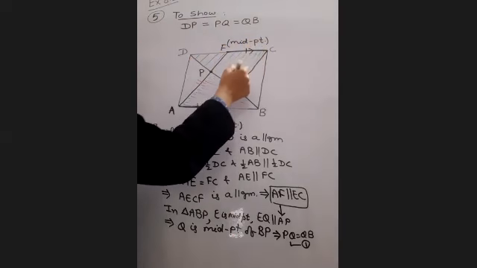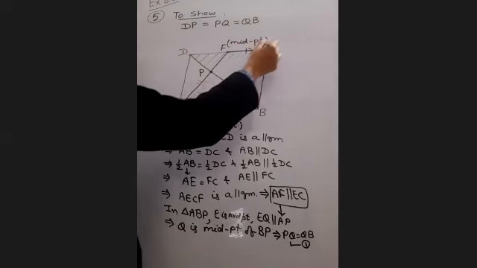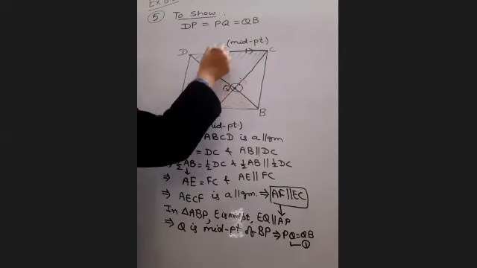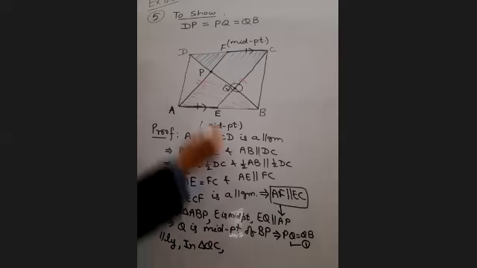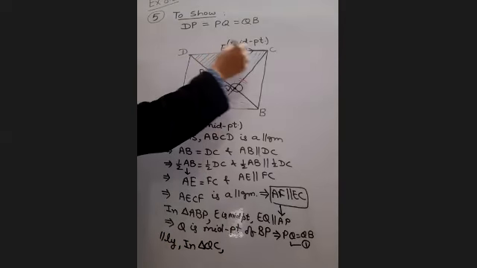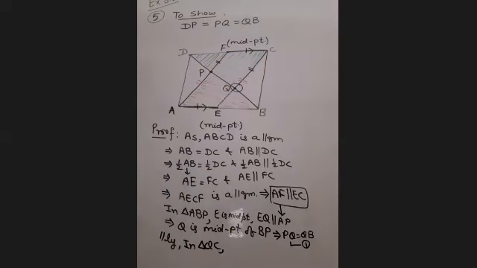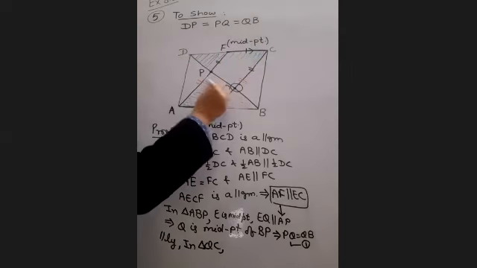In this triangle DCQ, you can see F is the midpoint of DC. And do we have PF parallel to QC? Yes, ma'am. We have PF parallel to QC.